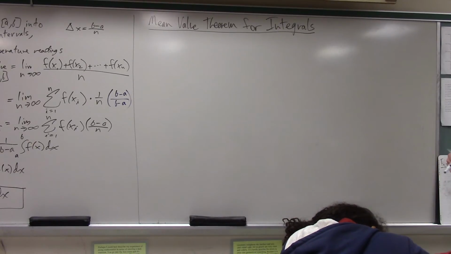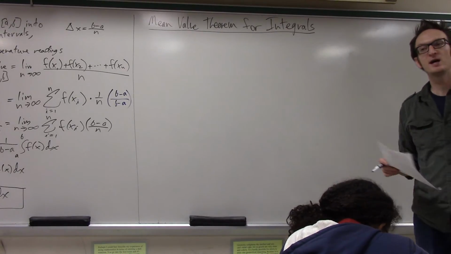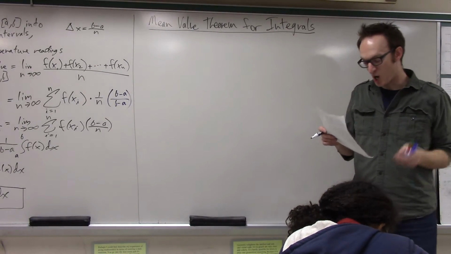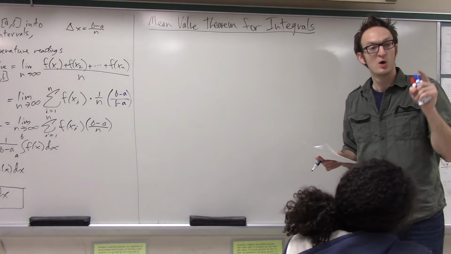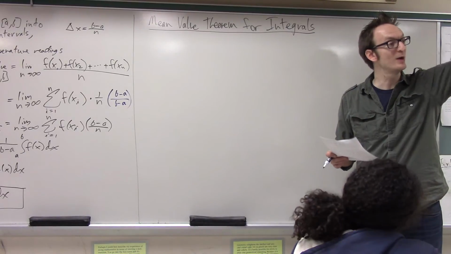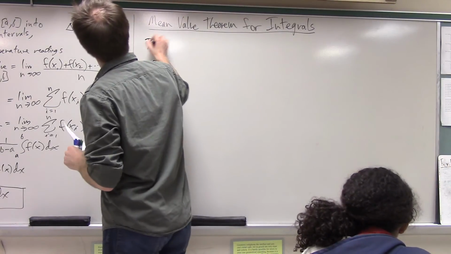Okay. What does the mean value theorem for integrals say? Basically what it says is every continuous function on a closed interval has a point whose value is the average value of that function. So I'll write that out.